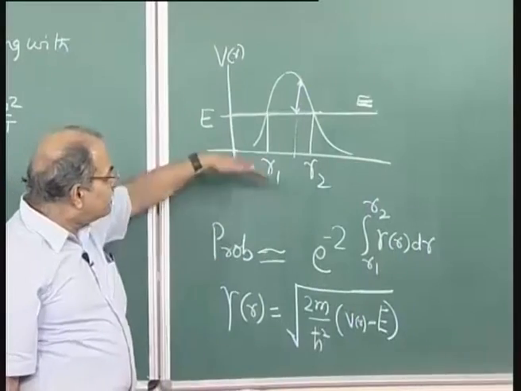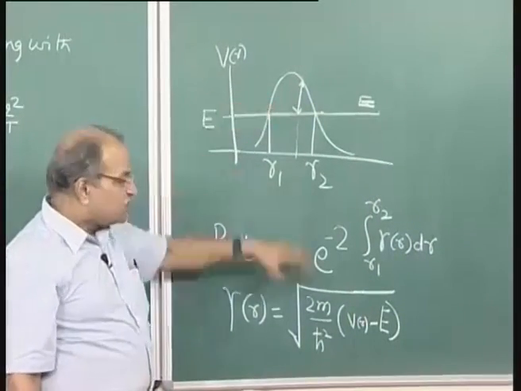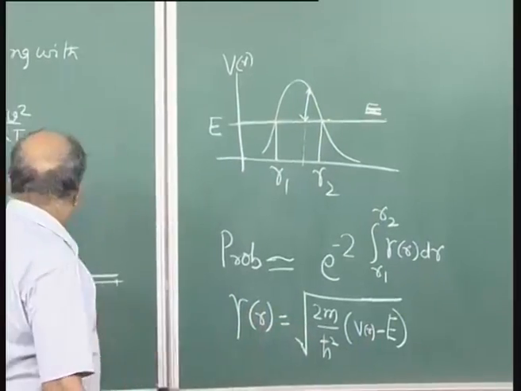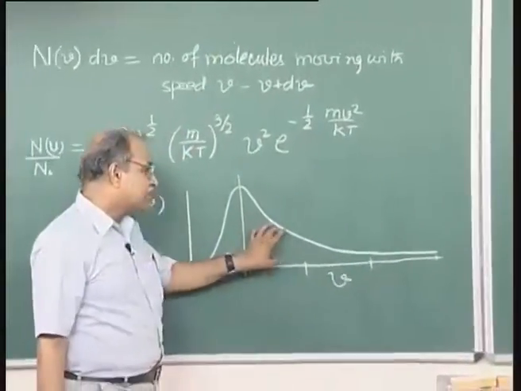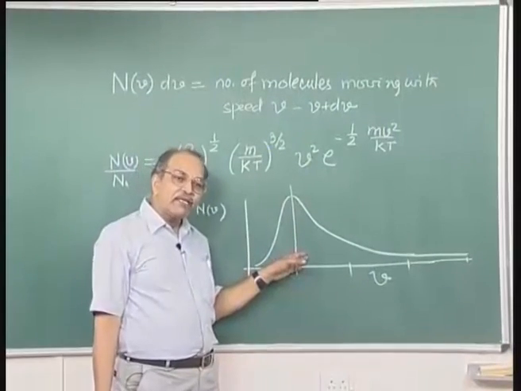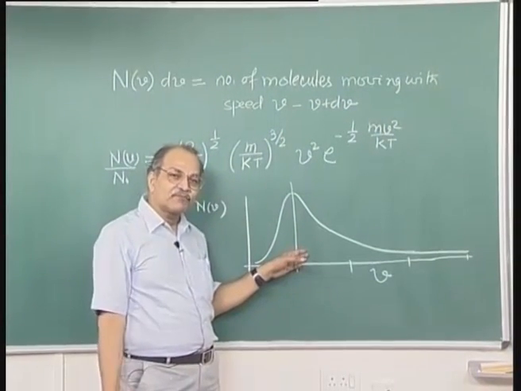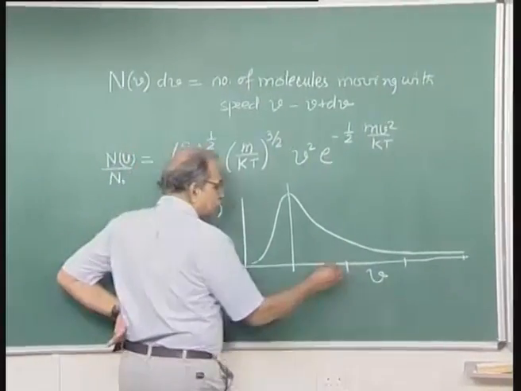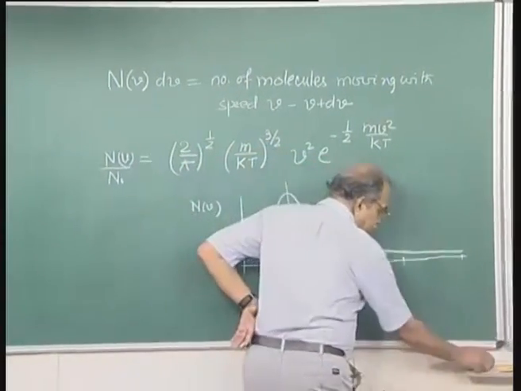So, as the energy goes up, this probability increases. If on the same scale I try to plot that barrier penetration probability, probably we will not be able to show it here. This in fact falls very sharply.